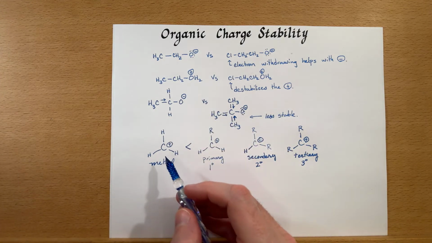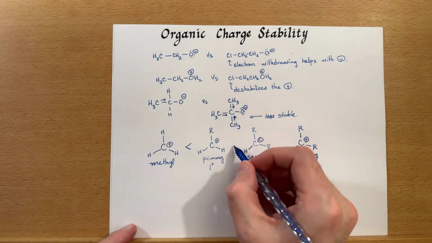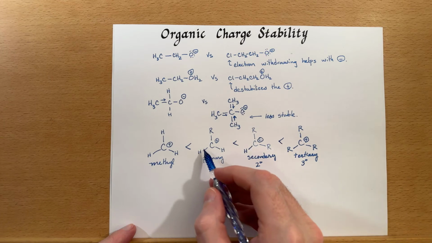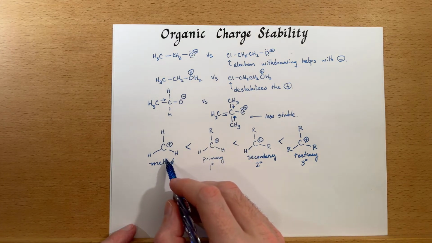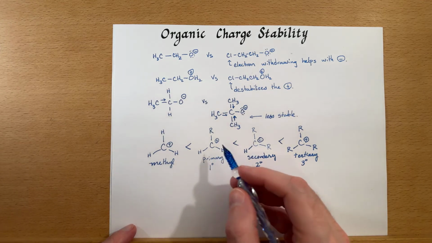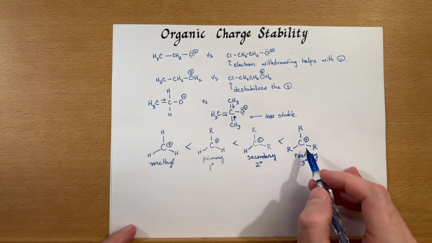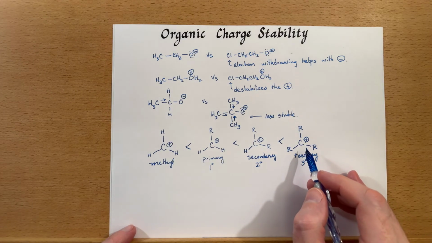Down here we have the opposite of that. So now we want electron donating to happen. So a primary is significantly more stable than a methyl carbocation. A secondary is a lot more stable than the primary. And the tertiary is the most stable out of the carbocations. This is the easiest to form.